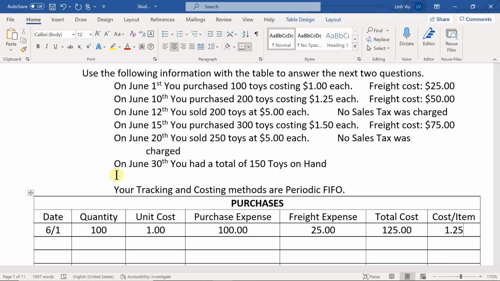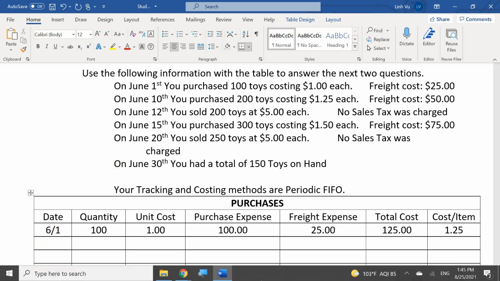Then on June 10, you end up purchasing another 200 toys costing $1.25 each, with the freight costing you $50. So, June 10, we purchased 200 items at $1.25, with the freight costing $50.